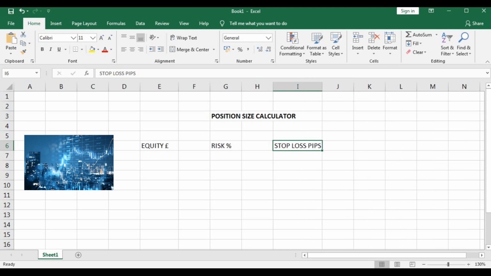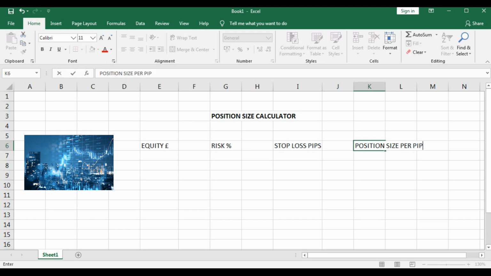And on the final cell we'll have the calculation results. And this will show exactly how much you should be risking per pip on every single trade according to your equity, your risk and your stop loss.